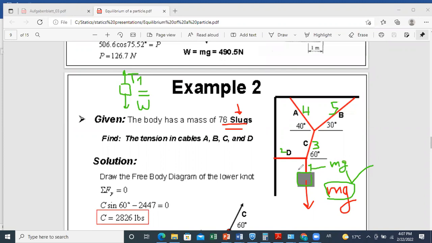Now, once I know the tension in this cable, I can see that this point is a connection point between 3 cables. And since this point is in equilibrium, the sum of forces on C is equal to 0.